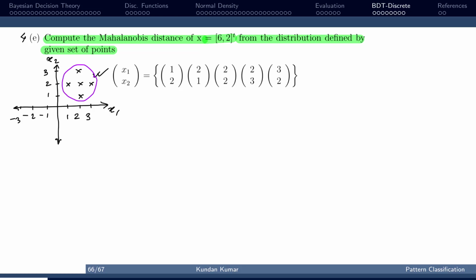Now the question is asking to compute the Mahalanobis distance of point (6, 2). So somewhere the point is here, and we have to compute this distance. We know that the Mahalanobis square distance is defined by r square equal to (x minus mu) transpose sigma inverse (x minus mu).